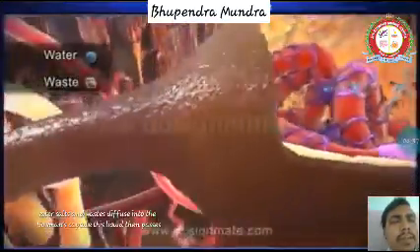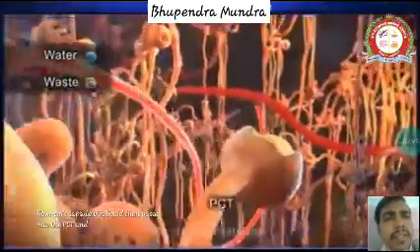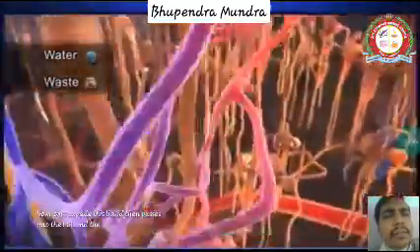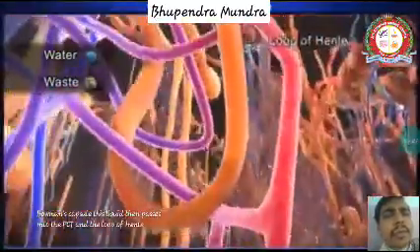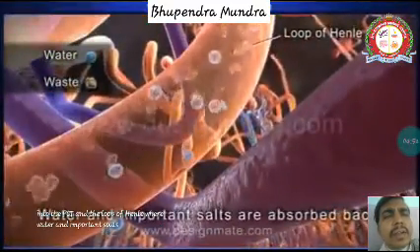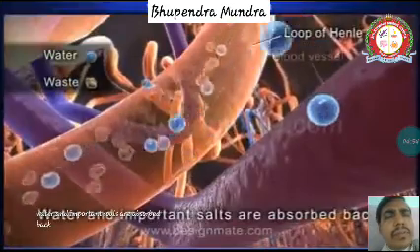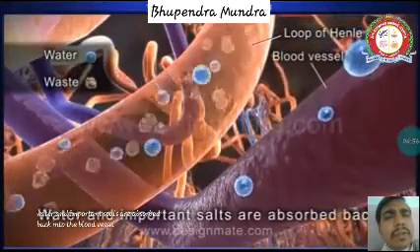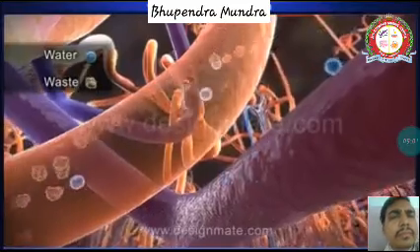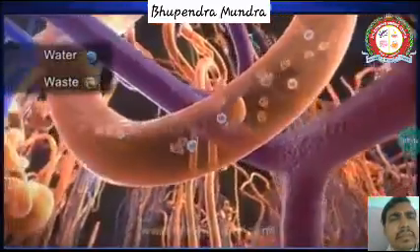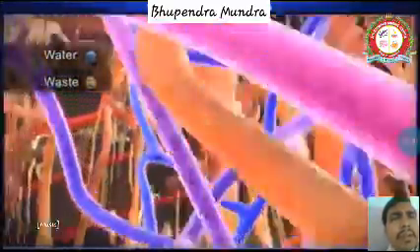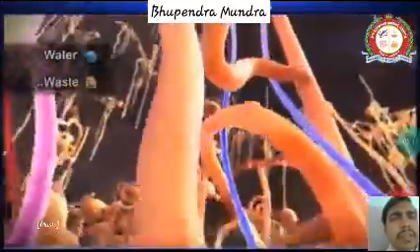This liquid then passes into the PCT and the loop of Henle, where water and important salts are absorbed back into the blood vessels. So the blue part is water and the brownish or yellowish part is wastes.